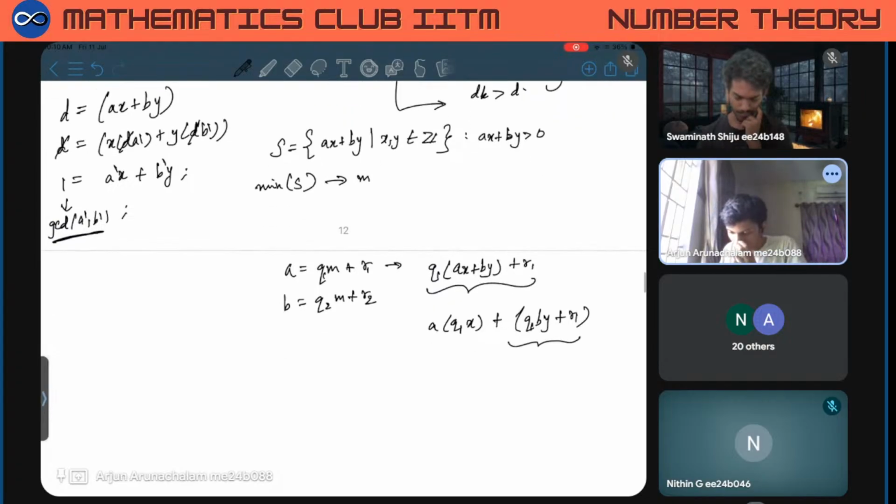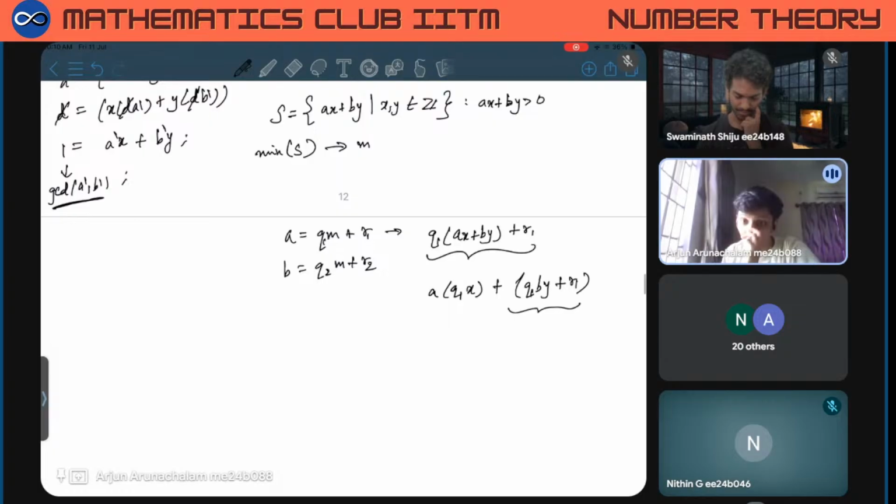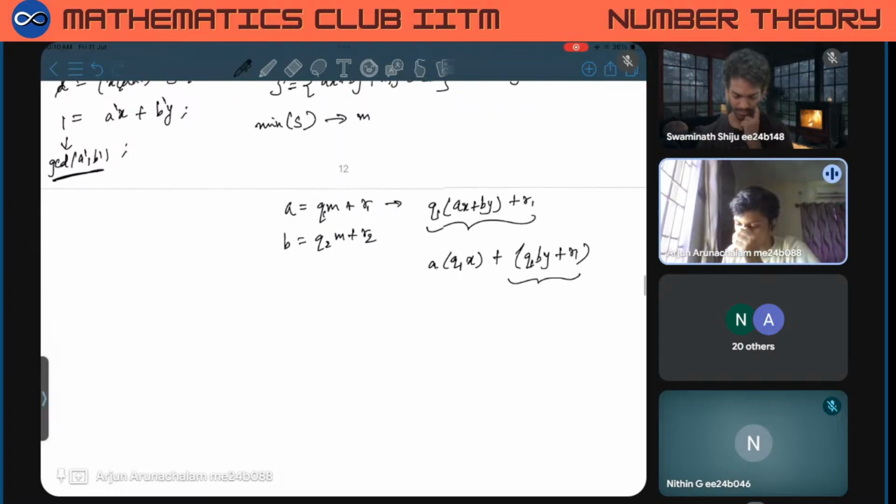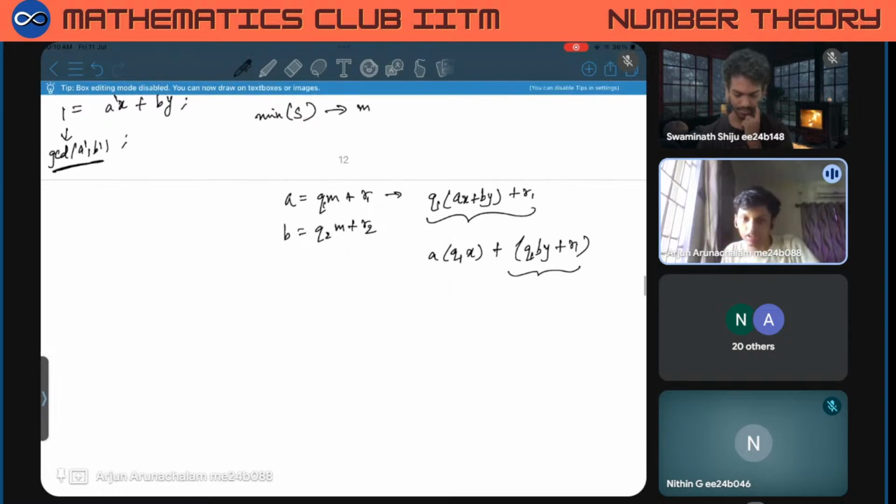So what you can write is the GCD. What will be the minimum element here will actually be the GCD itself, right? So can you think of why that could be the minimum element?